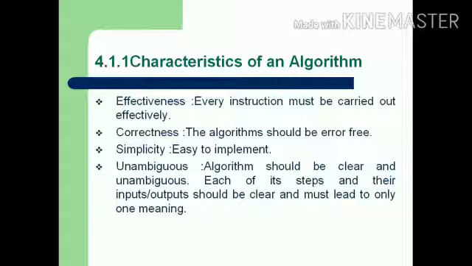The instruction should produce some output or effect to the overall program, and should not disturb other instructions or groups of instructions. So these are another four characteristics: effectiveness, correctness, simplicity, unambiguous.